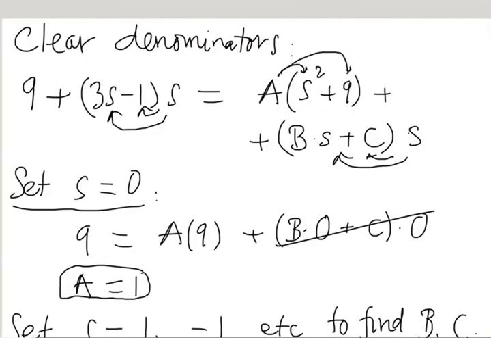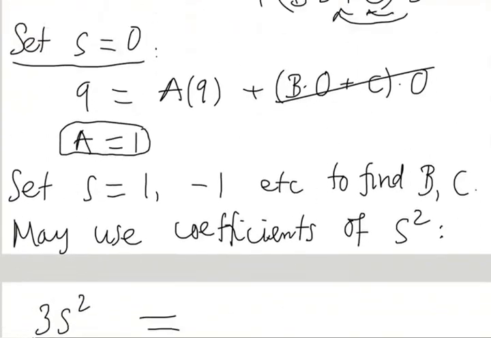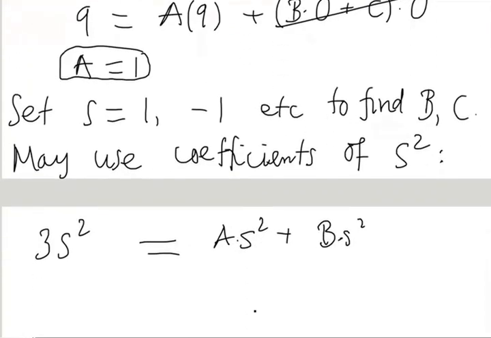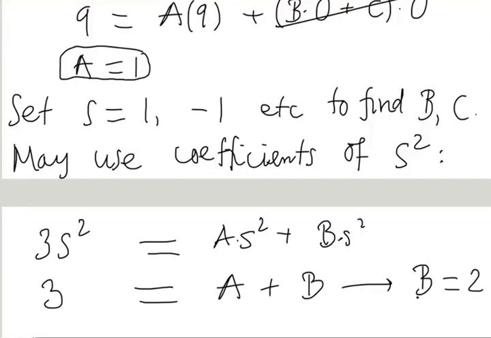The s times c is not s squared. So we have a s squared plus b s squared. We know that a is 1. Cancel the s squared. a plus b equals 3, but a is 1, so b is 2.